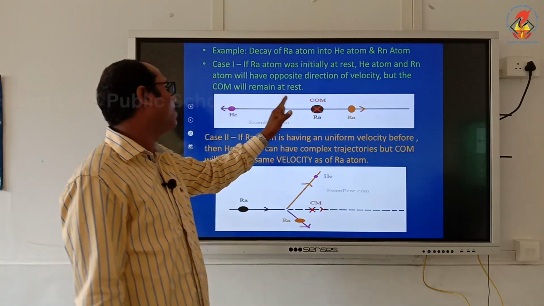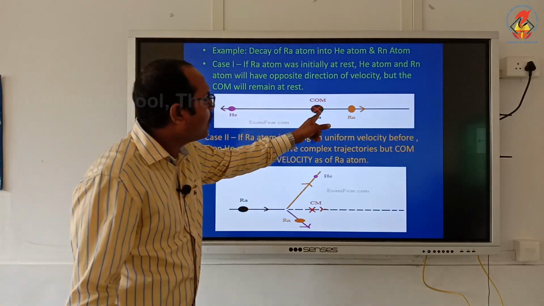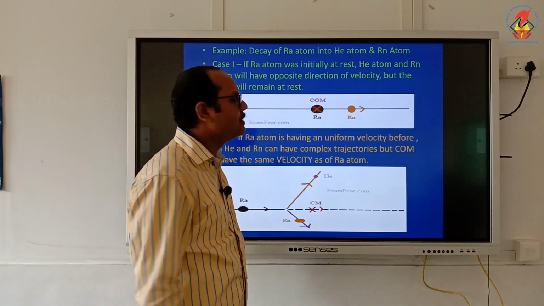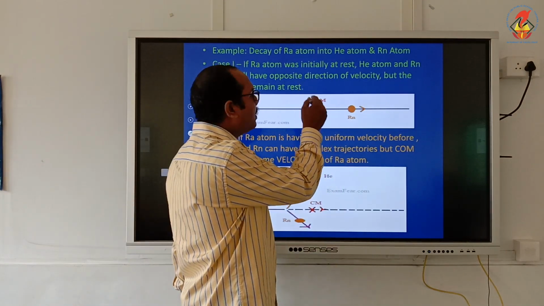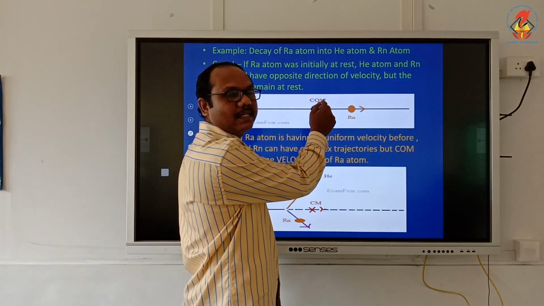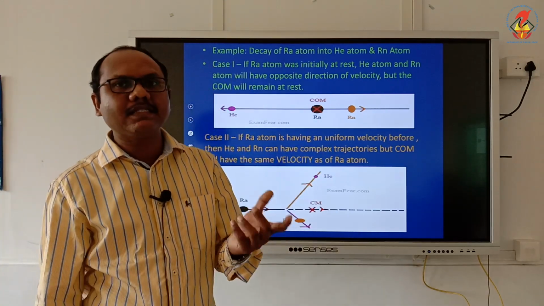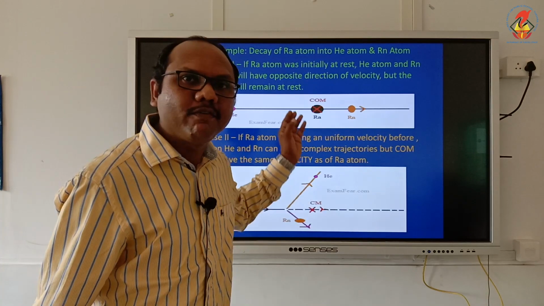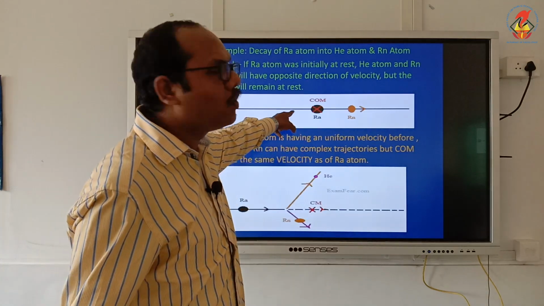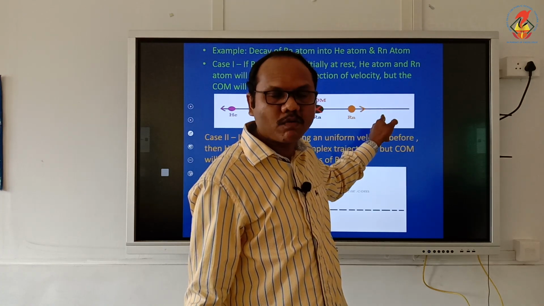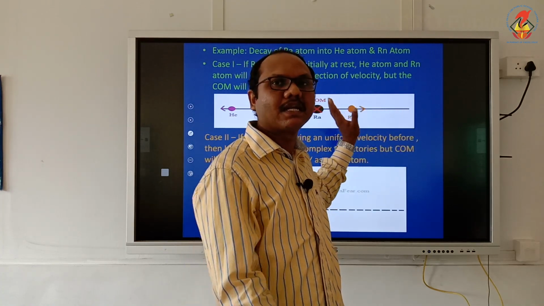So helium will go with more velocity, radon will go with less velocity, so that the center of mass will be here itself and center of mass is at rest. So before decaying, center of mass was at rest. After decaying also, one will go with a greater speed, other will go with a lesser speed because it is having more mass, but the center of mass remained at rest.